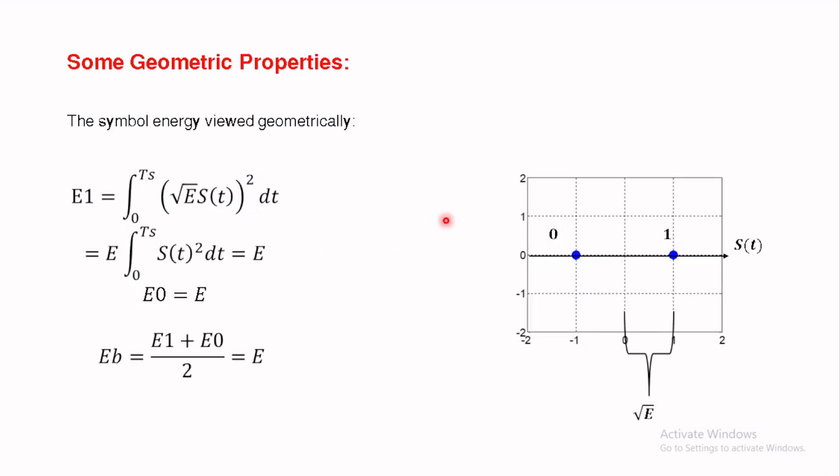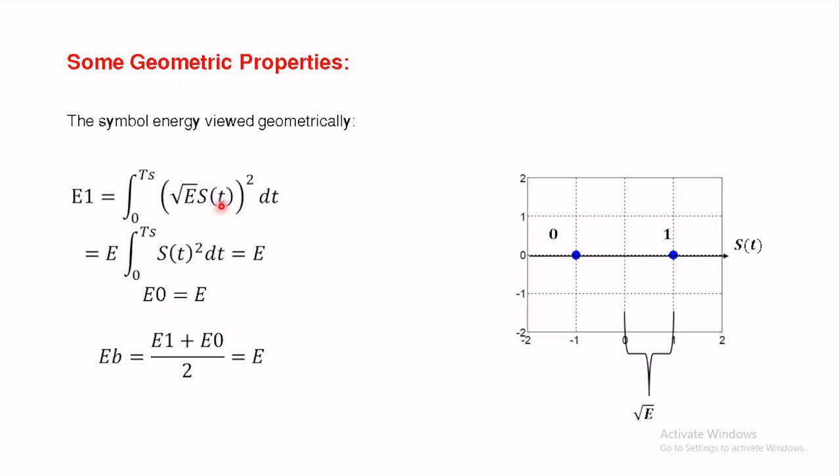The other important property of the geometric representation is that the distance from the origin to the point that represents our signal is the square root of the energy of that symbol. So we see here that this distance is the square root of the energy of this symbol. And this distance, which is also equal to this one, is the square root of the energy of the symbol of the bit 0.